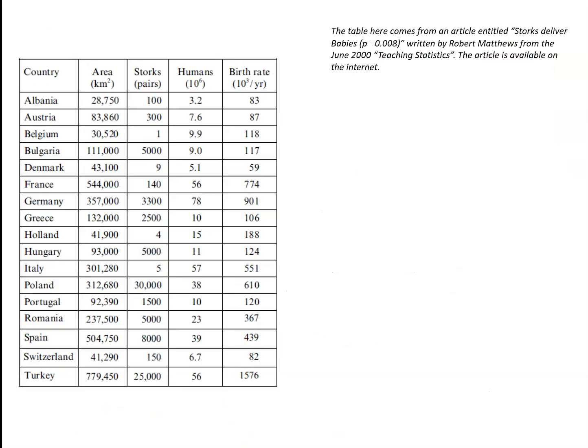The remaining examples in this video are going to use this table of results, which comes from an article entitled Storks Deliver Babies, written by Robert Matthews and appearing in a June 2000 issue of Teaching Statistics.